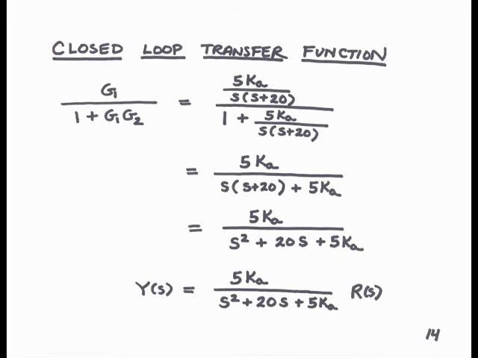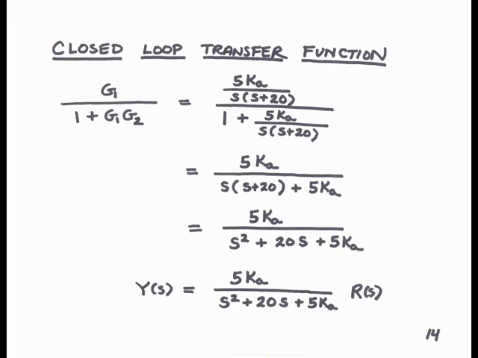So here we carry out this algebra to find the closed-loop transfer function. Recall that G1 is 5Ka over s plus 20, and G2 is 1. So we simply simplify the numerator and the denominator of our transfer function, and we'll find the closed-loop transfer function is 5Ka over s squared plus 20s plus 5Ka.